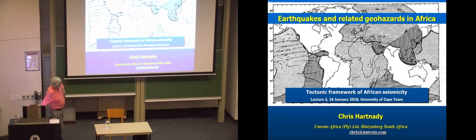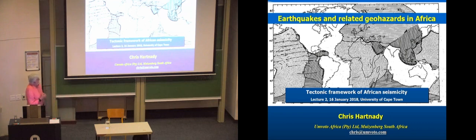And the subject of the second lecture is what you see at the base of the map there. I'm going to talk about the broader tectonic framework of earthquake activity in Africa, but because it's the movement of plates and the frictional interactions between quakes that result in earthquakes, I'm going to go into a little bit of the history of plate tectonics from an African perspective over the last 50 years.